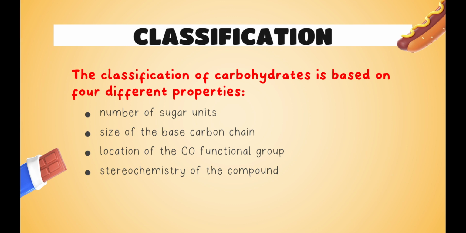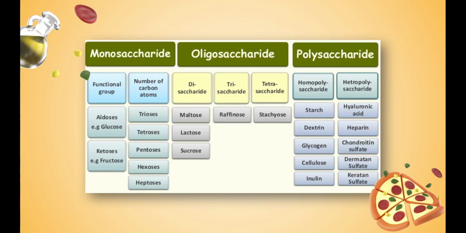Again, we will not dive deeper into this discussion since, as mentioned, it was already discussed during your biochemistry. So, what we are going to do is just recap and give the general description for each.